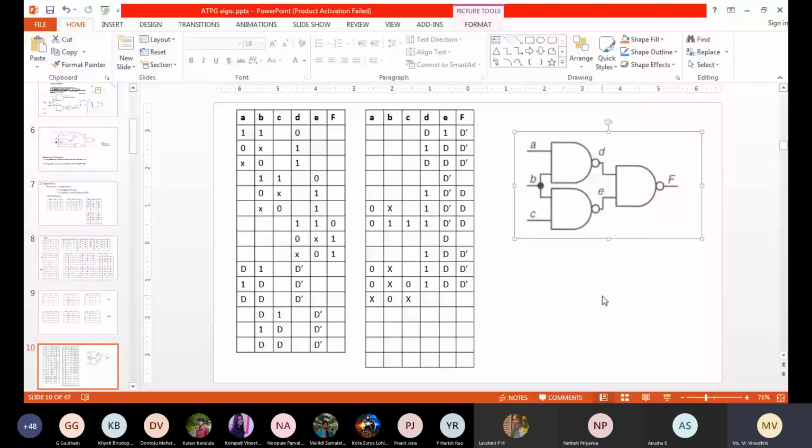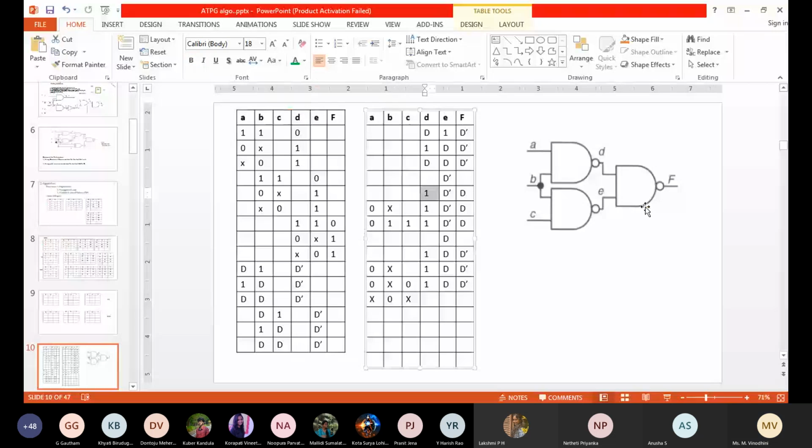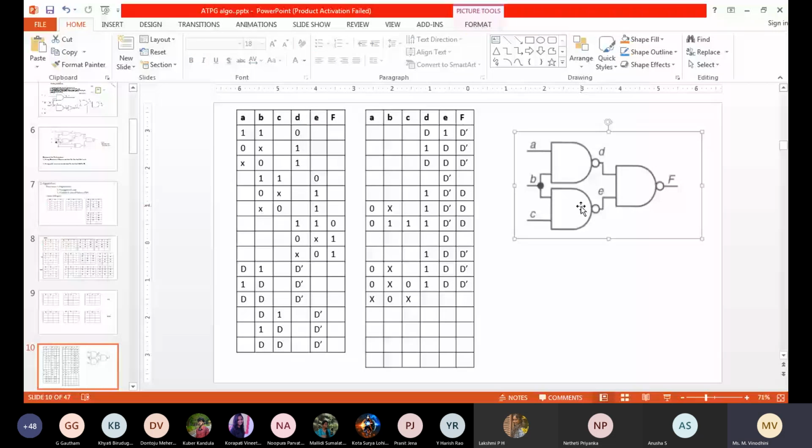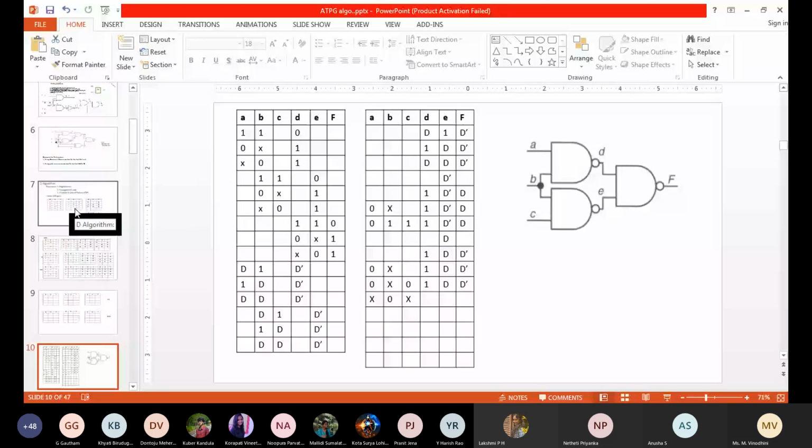So like this, you need to create a table. In tomorrow's class, I'll tell what to do next, how to do the D algorithm. When you use the D algorithm, you should know that particular gate's singular cover and propagation D cube. How to get them, I explained already. Now for the given circuit, how to solve it using the input, I will tell you in tomorrow's class.